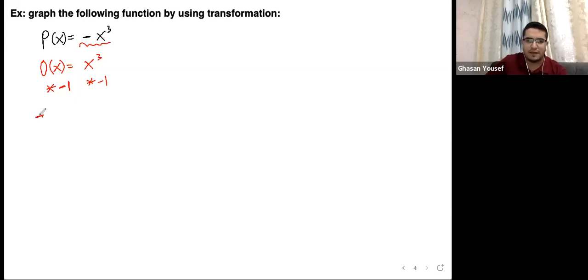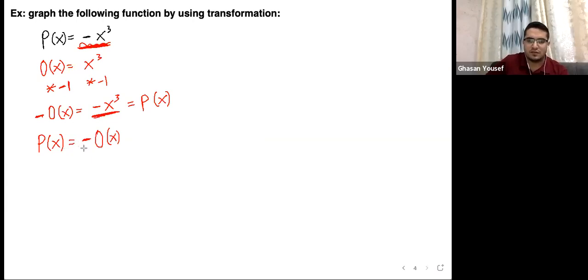Now I will get minus O of x equal minus x cubed. And this is the same as this one, and this one is b of x. So this is equal to b of x. So actually b of x equals minus O of x.